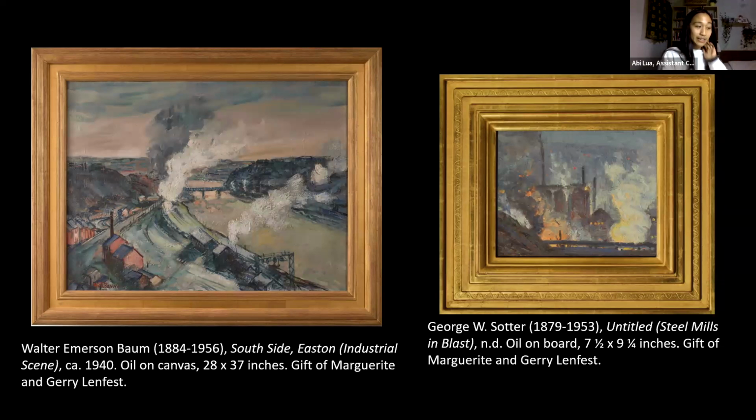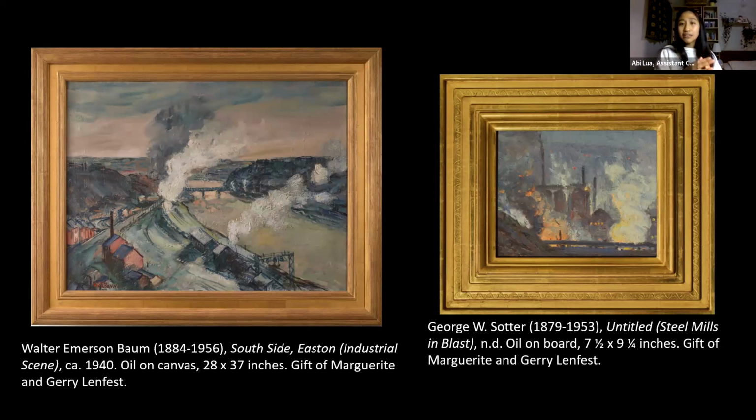Easton, Pennsylvania was where Baum taught at Lafayette College, but it was also an important commercial center in the early 1900s. You can see it stood at the confluence of the Delaware and Lehigh rivers, so a lot of transportation met there.